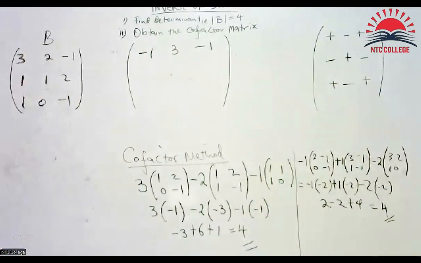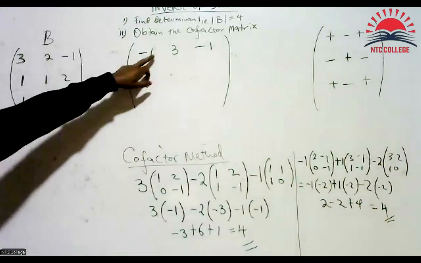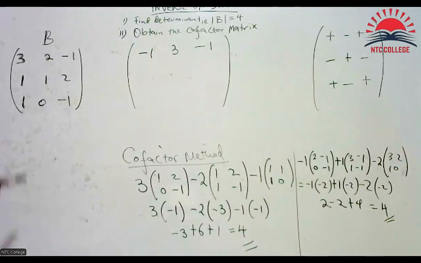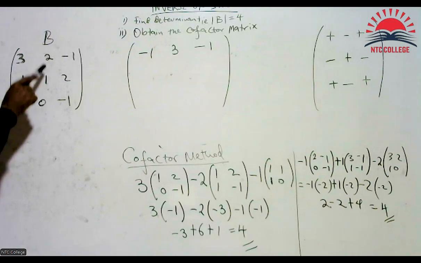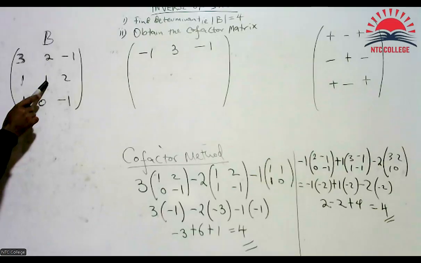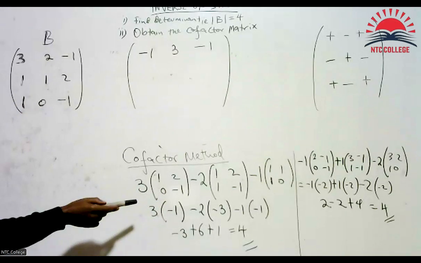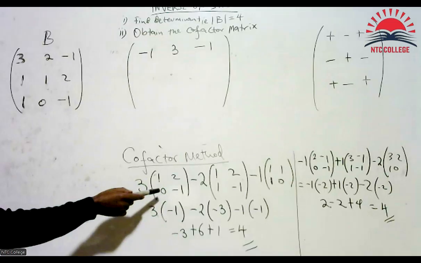But what did I do? Let me just help us understand. To obtain the first row of the cofactor matrix, this is what I did. You can have our element 3. So for element 3, when we ignore the column and the row, we were left with 1, 2, 0, -1, what we have in the bracket.